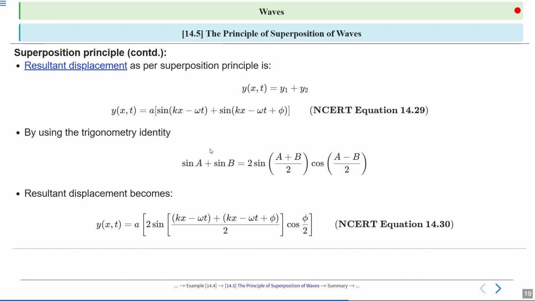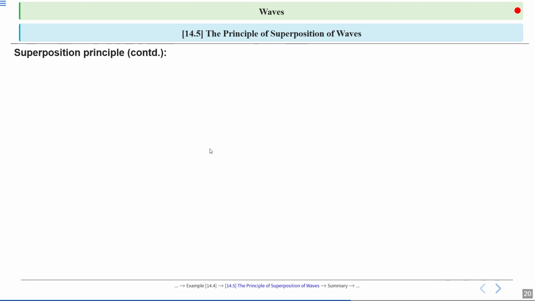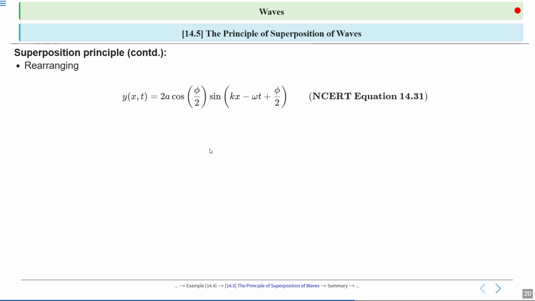Applying the identity, we get the resultant displacement as y of x,t is equal to a into 2 sine of (kx minus omega t plus kx minus omega t plus phi) divided by 2, into cos phi by 2. So, rearranging the terms, y of x,t is equal to 2a cos phi by 2 into sine kx minus omega t plus phi by 2.